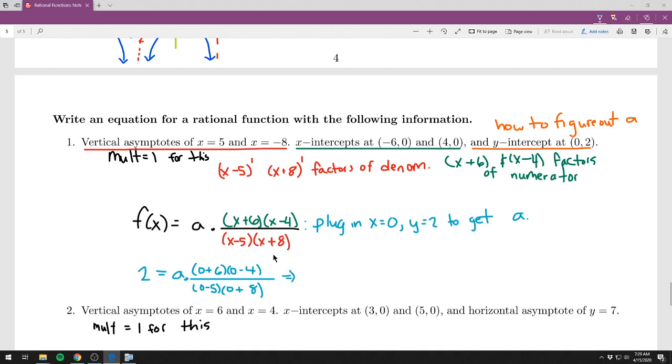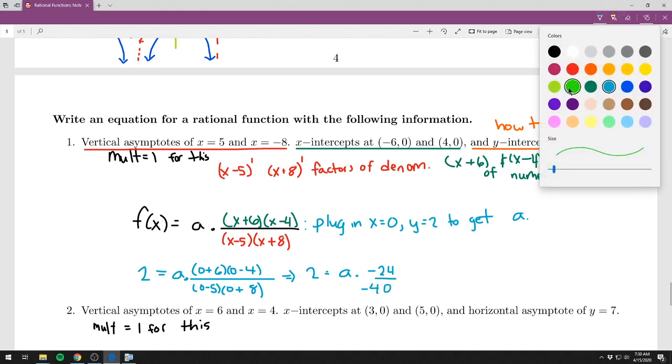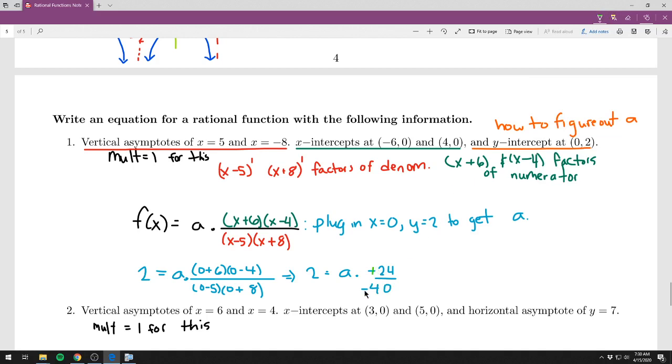You know, once again, just simplify as much as you're comfortable with at a time. On the top here, we got 6 times -4 is -24 over -5 times 8 is -40. The negatives cancel. I'm going to go ahead and mark that off.